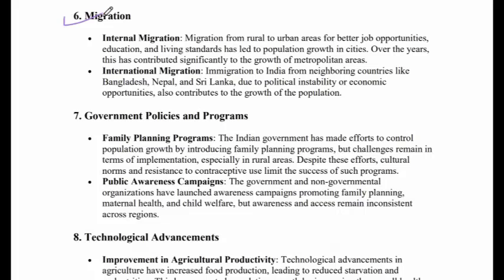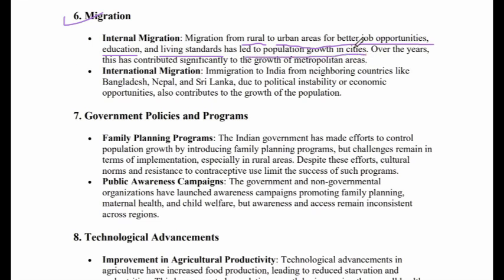Migration. Why does the population of a region increase? Because of either internal migration or international migration. When people migrate from rural areas, that is from villages to cities, for better opportunities, for job opportunities, for education, or for living standards, then the population of that particular region will increase.